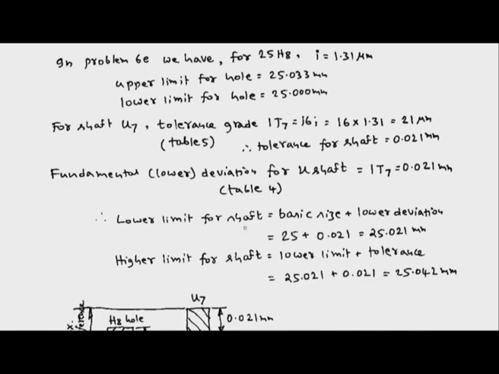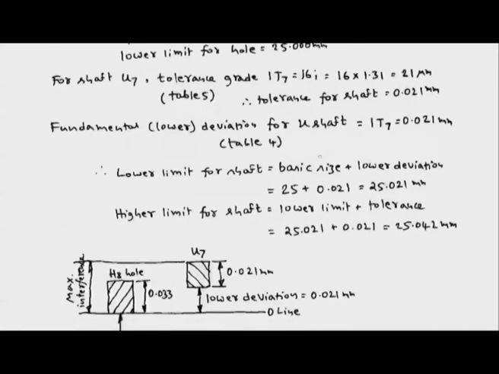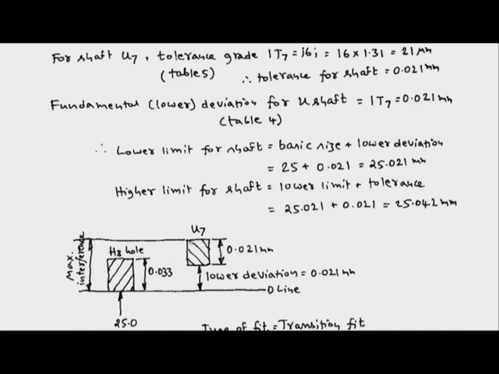So, after finding the tolerance value for the shaft and fundamental deviation, now we can find the lower limit for shaft. This is equal to basic size of the shaft plus lower deviation. That means this is the U7 shaft with tolerance of 0.021 millimeter, and the lower deviation is 0.021 millimeter.